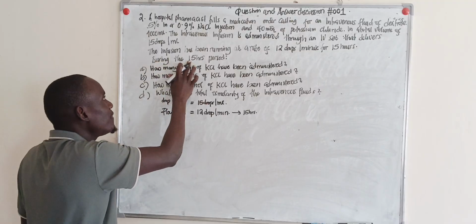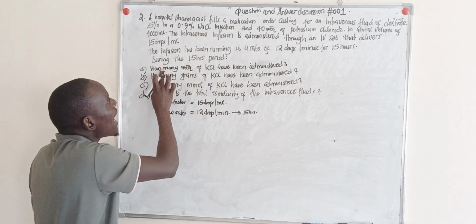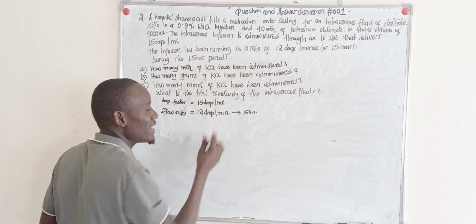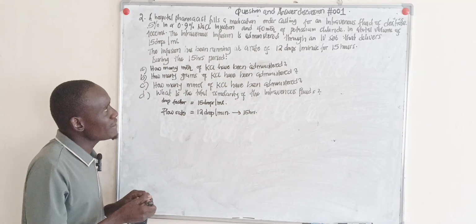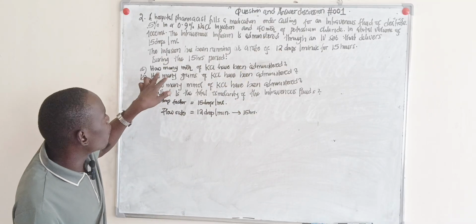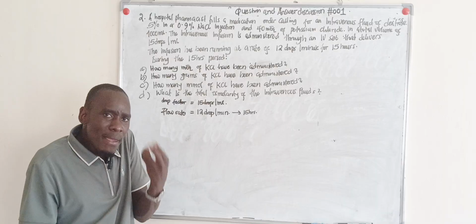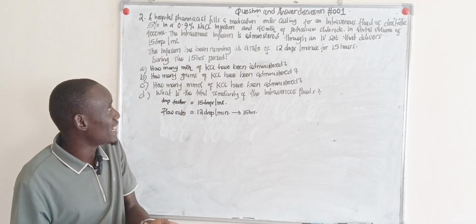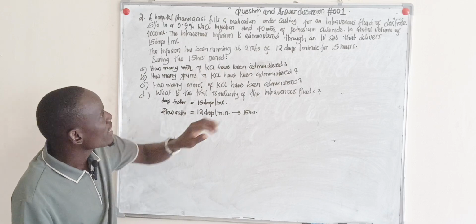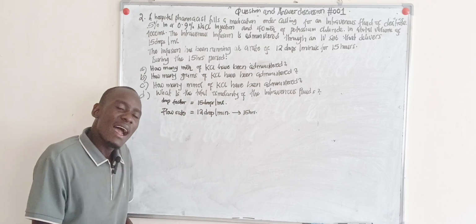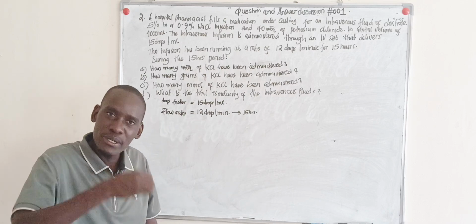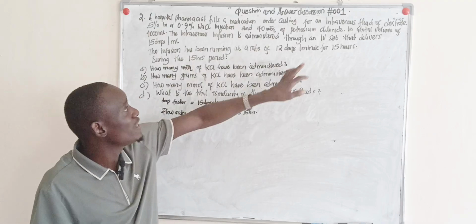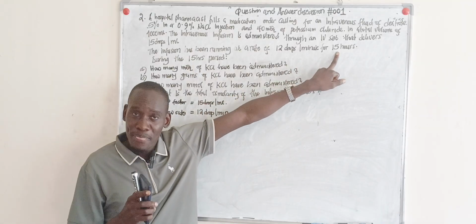Then during the 15-hour period, how many milliequivalents of potassium chloride have been administered? So they want us to find the milliequivalents of potassium chloride that has been administered. But remember, we need to know how much volume of potassium chloride was delivered in 15 hours.